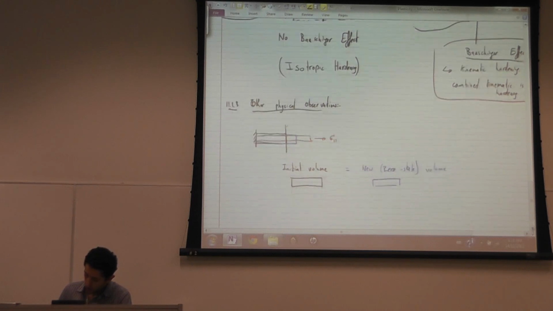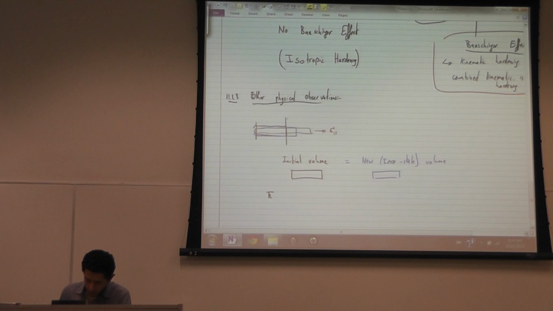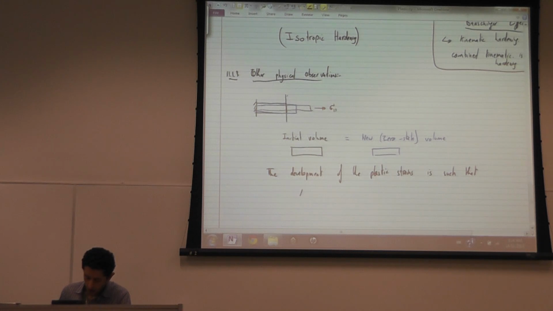Which basically means that the development is such that delta epsilon P1 plus delta epsilon P, the plastic strain 2 plus the plastic strain 3, is always equal to 0 for metals.